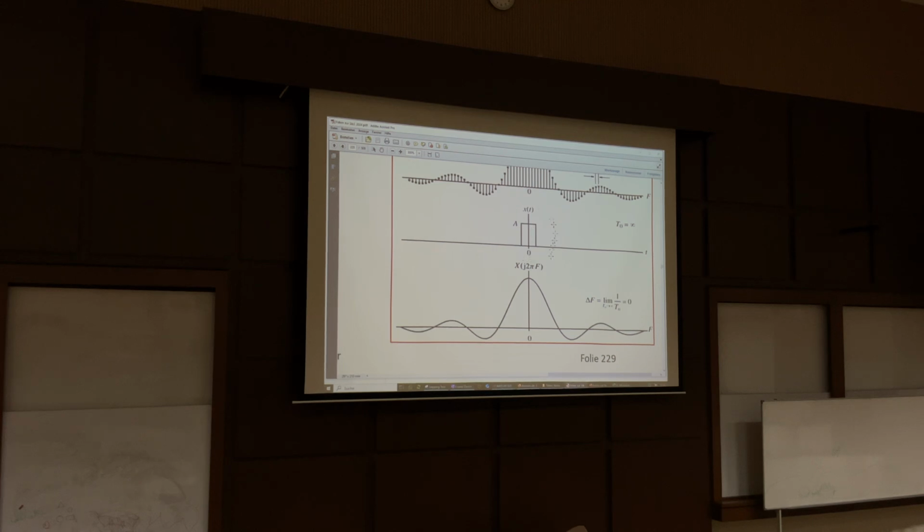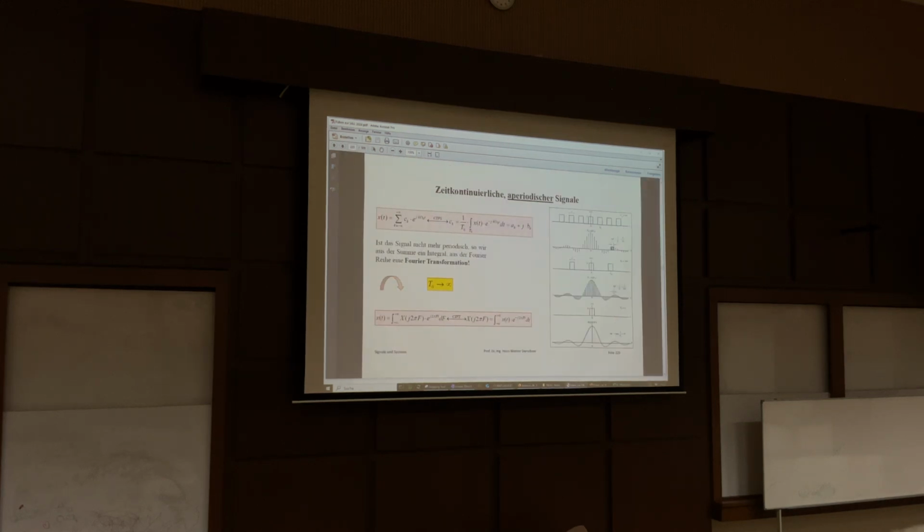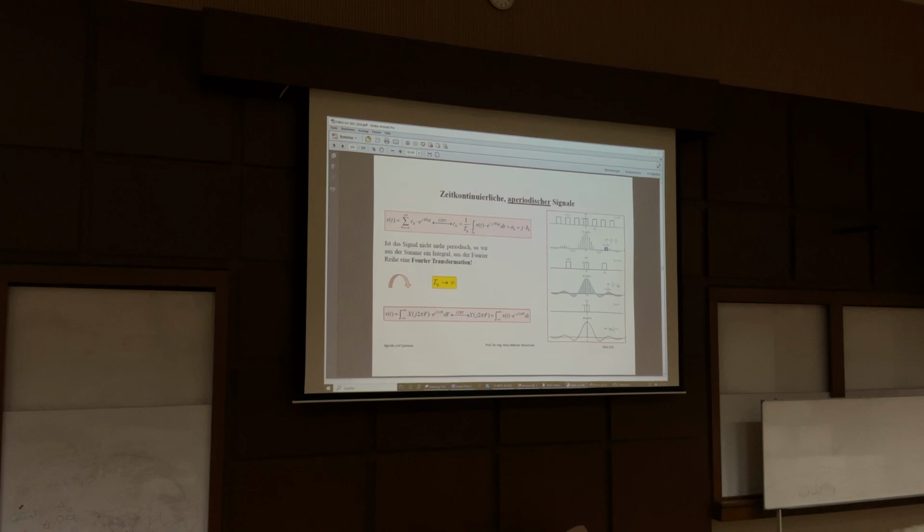In case of this rectangular pulse, I have a sinus x over x spectrum. It's not discrete anymore, it is continuous. That means any non-periodic signal contains any possible frequency, not discrete ones, any frequency. And that is the story about that.